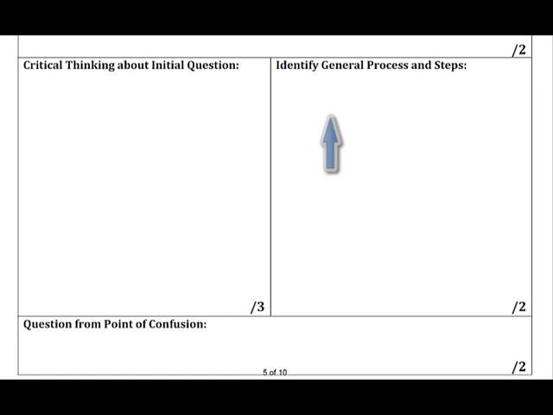Students should then record the steps attempted in a logical sequence. Once students have thought through these steps, it should lead them to their point of confusion. This point of confusion becomes the question that should be brought to tutorial.